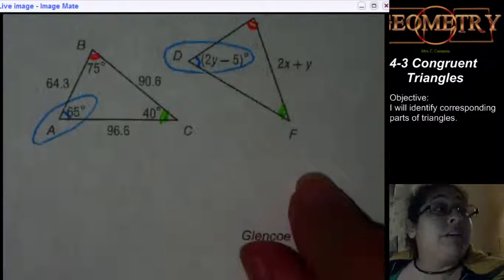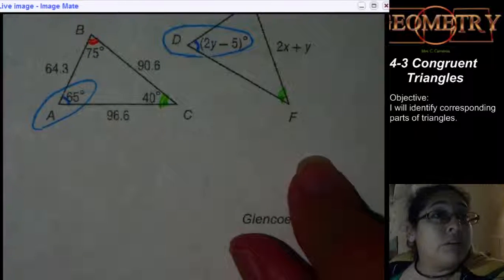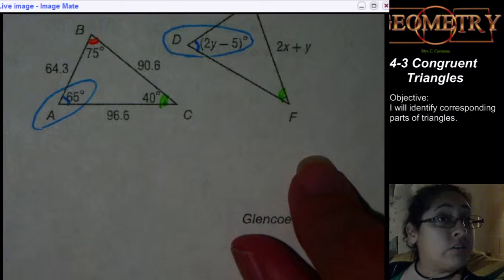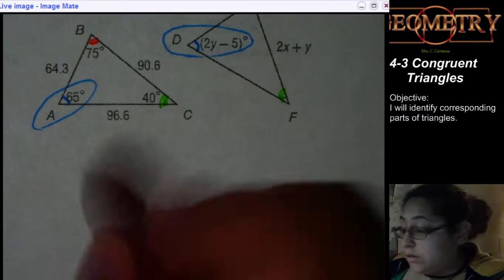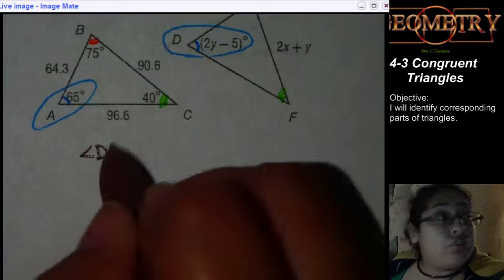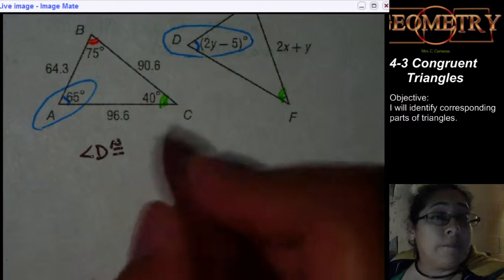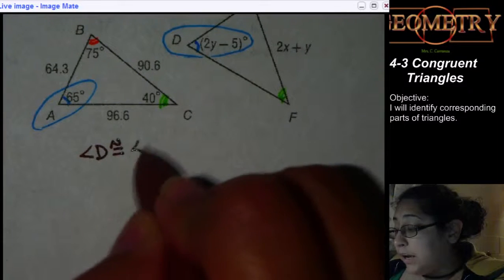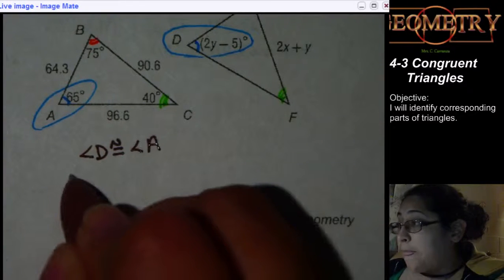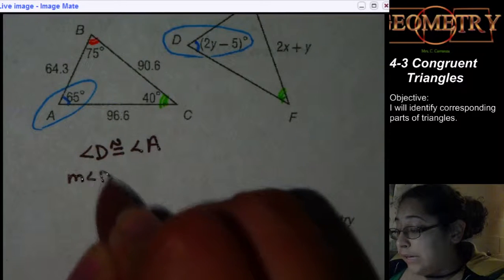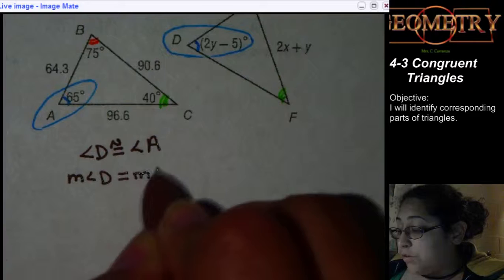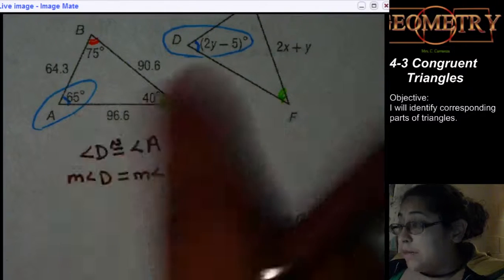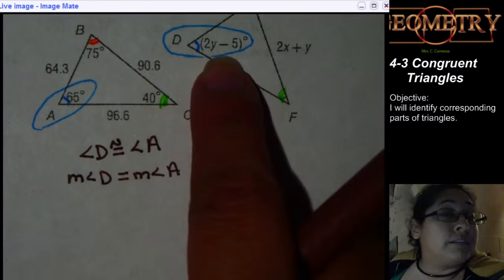Then because the triangles are congruent, their corresponding parts are congruent. Angle D is congruent to angle A. That means the measure of angle D is equal to the measure of angle A. It's going to be 65, but let's do this mindlessly.